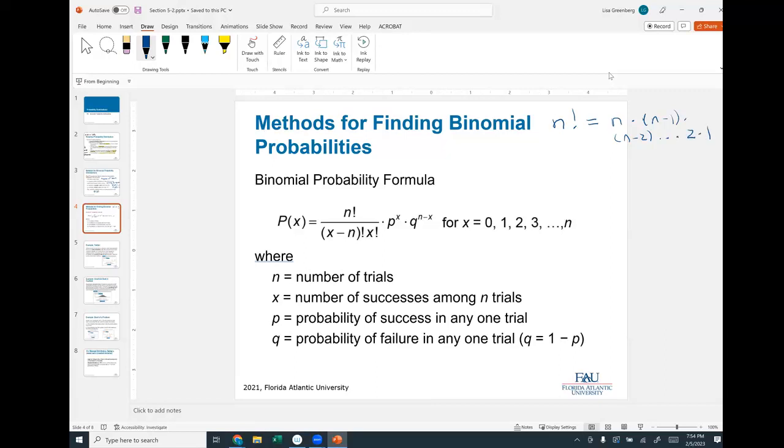So for example, if I say 5 factorial, what I'm actually saying is 5 times 4 times 3 times 2 times 1. We went over it before, but just in case you missed that lecture, I figured I'd put it in here. And there are ways to simplify the formula, but we're not going to use it, so I'm not going to bother.